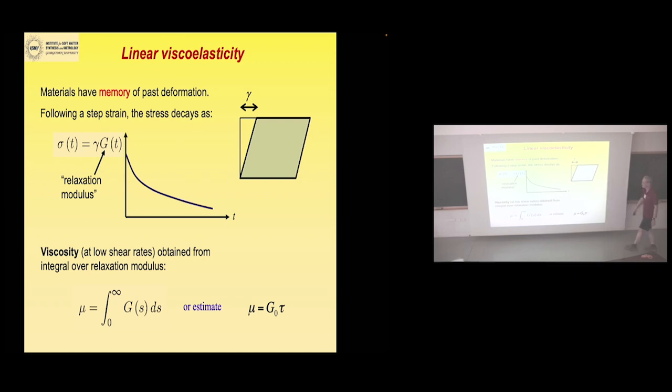Okay, so we can think of obtaining the viscosity by integrating the relaxation function if I have a method for calculating it, or simply just estimate it, because an exponential function is the nicest one that we have, and if you put an exponential in there, which has a relaxation time, then you'll get a viscosity which is some modulus times the time.